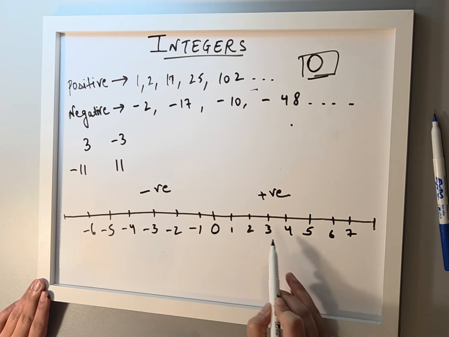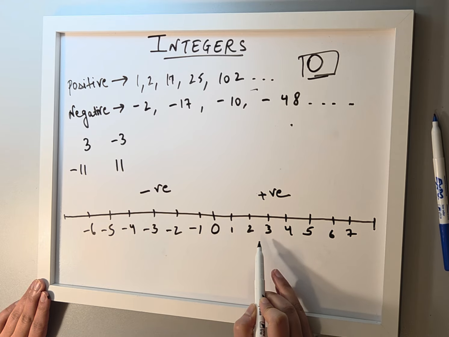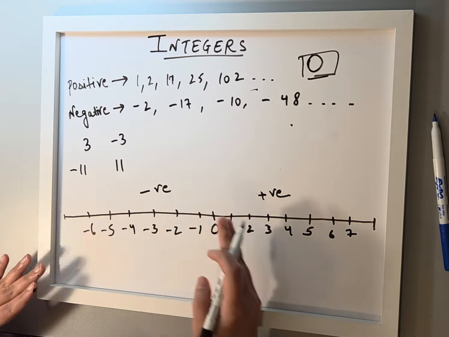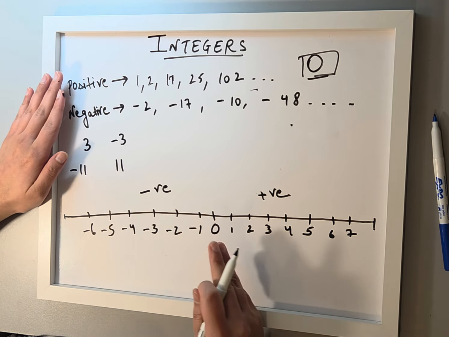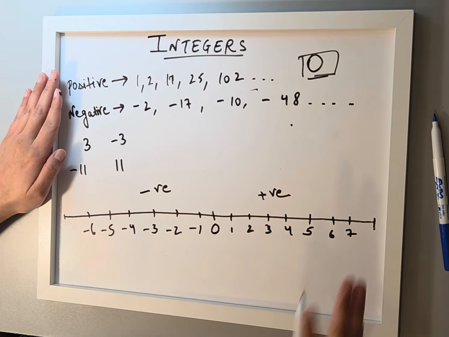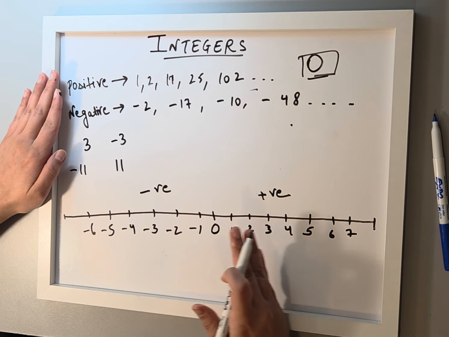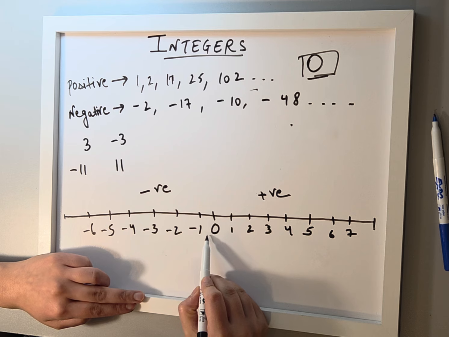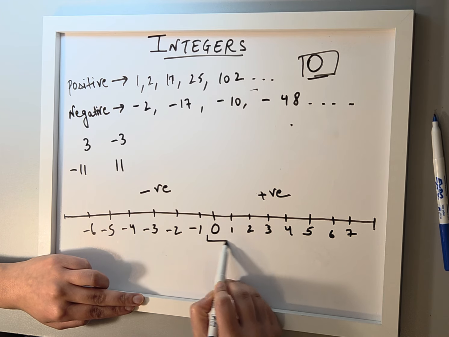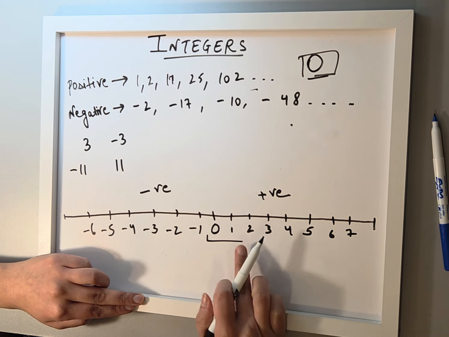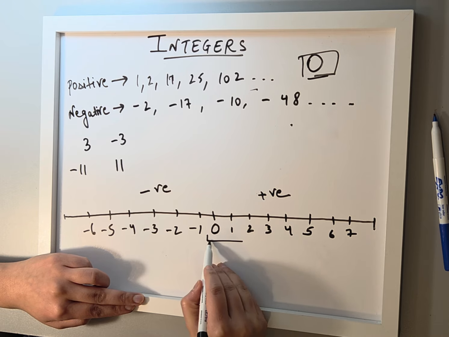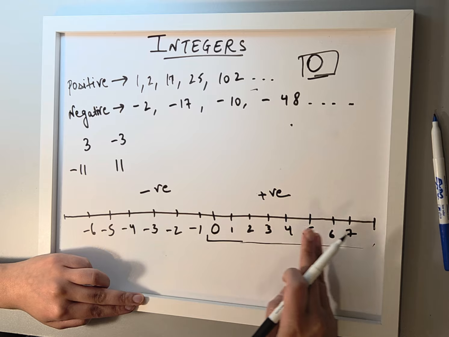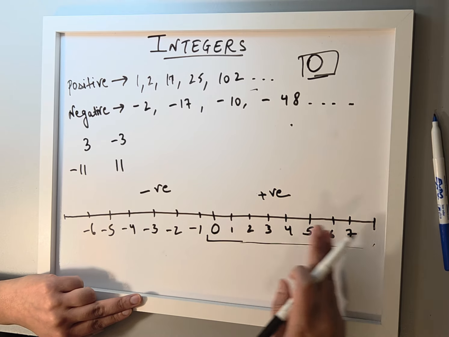So 5 will be greater than 4, 4 will be greater than 3. So for the positive numbers, as they go on the number line, they increase towards the right. Let's see if it is true if we include 0. Yes, 1 is greater than 0, 2 is greater than 0. So all the numbers starting from 0, as they go towards the right of the number line, they increase.